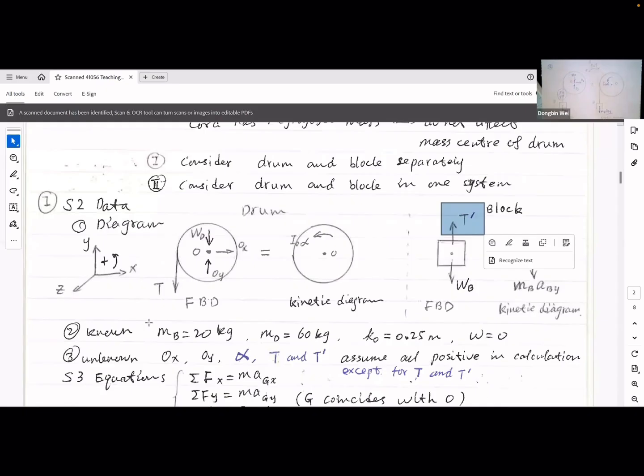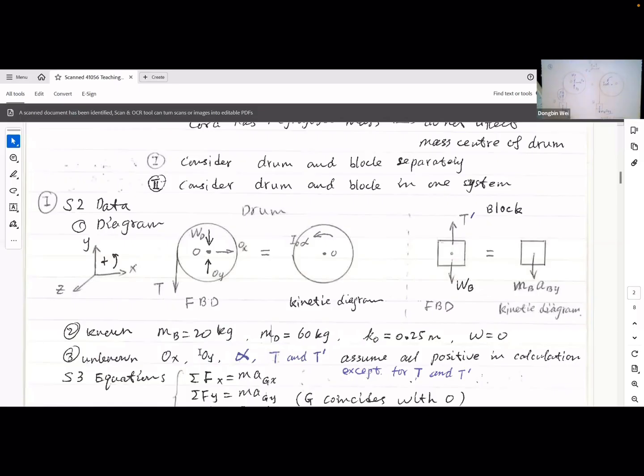And we know m_B, we know m_D, we know the radius of gyration of this drum about O. And again, at this instant, when we release the block, the velocity of the block, omega, is still 0.